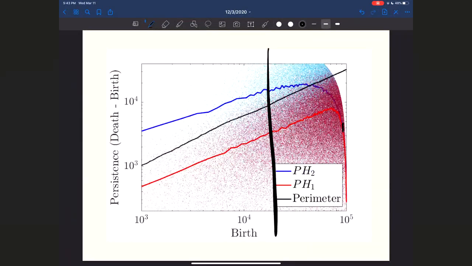But then one of the interesting observations here that we would like to prove is that pH1, the persistence of the 1-dimensional holes, is smaller than the persistence of the 2-dimensional holes, and the intuition is that it is easier to kill a 1-dimensional hole than to kill a 2-dimensional hole.